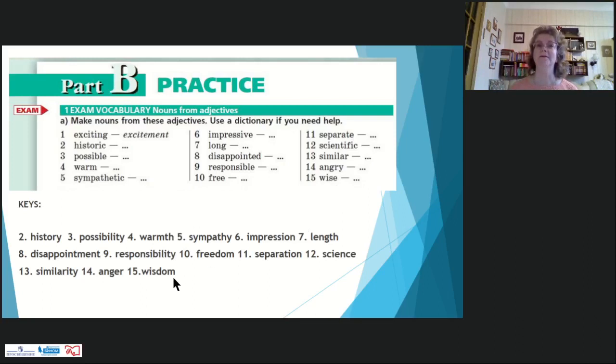And wise, мудрый. Wisdom. Freedom, wisdom. Вот он, этот суффикс, который объединяет, мне кажется, очень похожие, очень близкие между собой слова. Now count your mistakes.